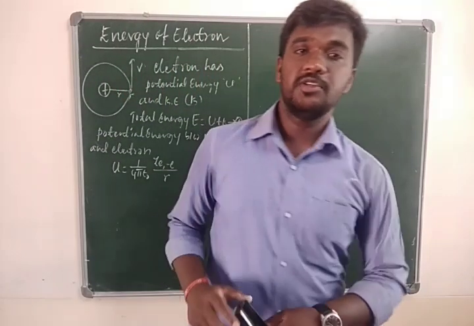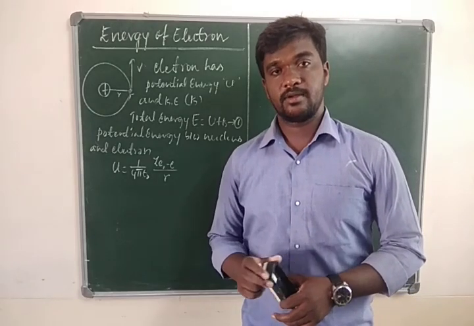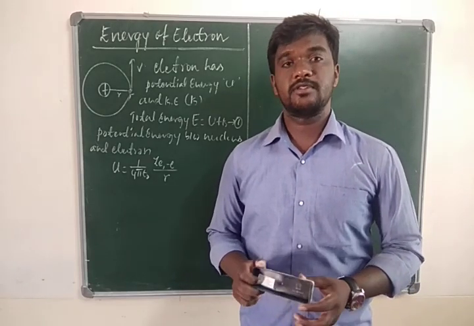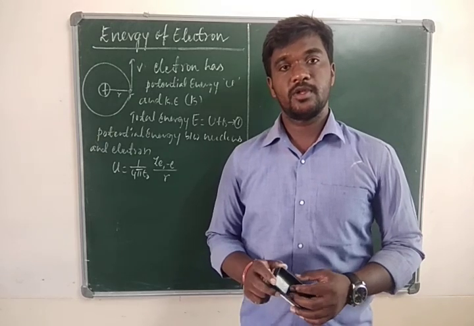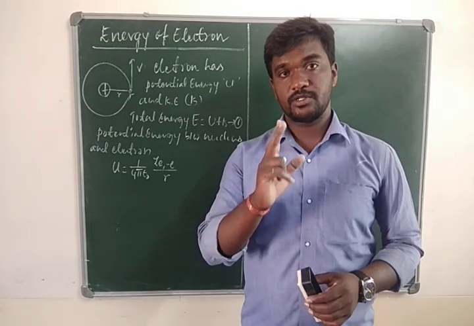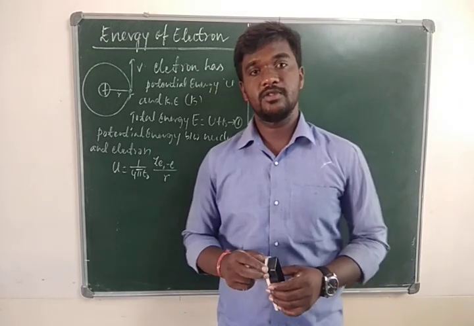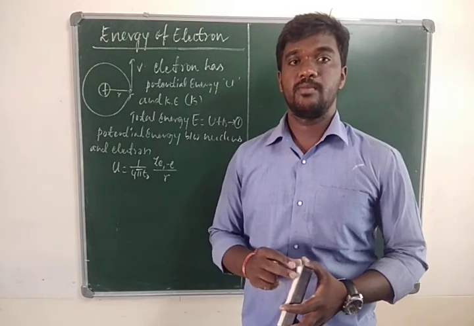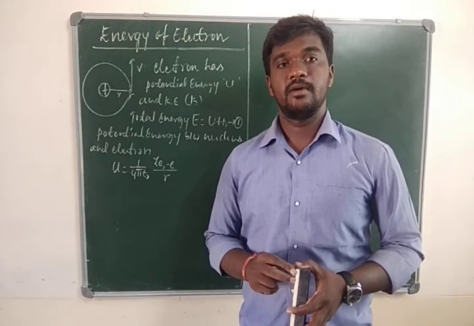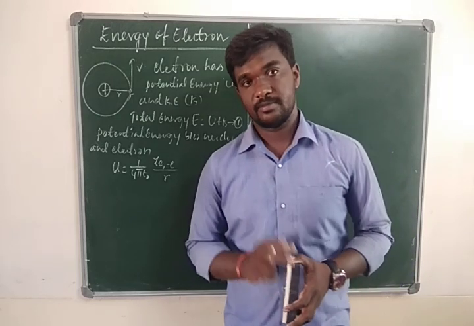So that is the potential energy between the nucleus and the electron. According to electrostatics, what is the expression for the potential energy between two charged particles? Potential energy U equals 1 by 4 pi epsilon naught into Q1 Q2 divided by r.